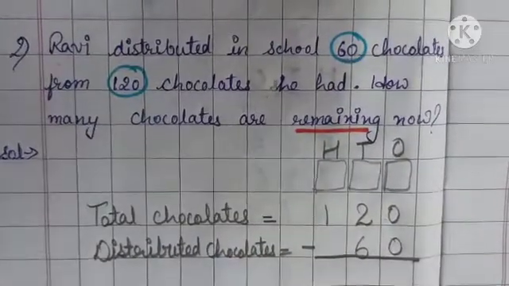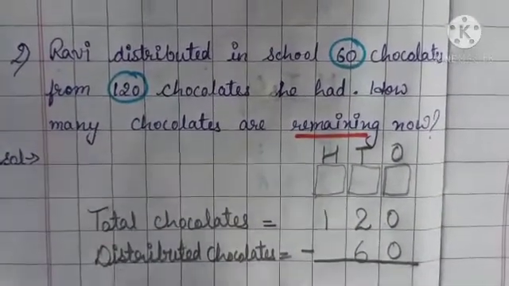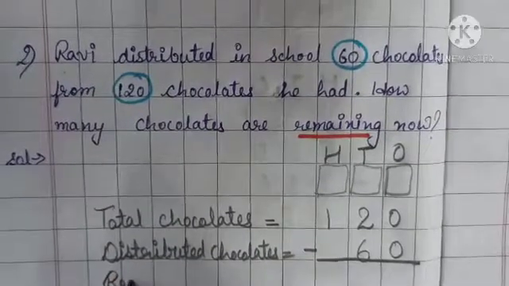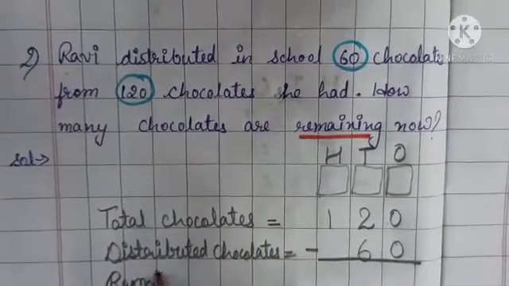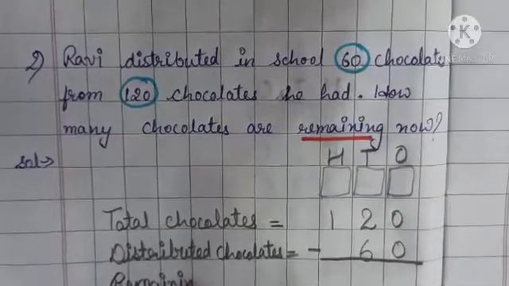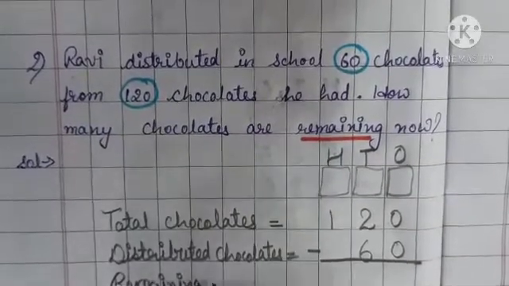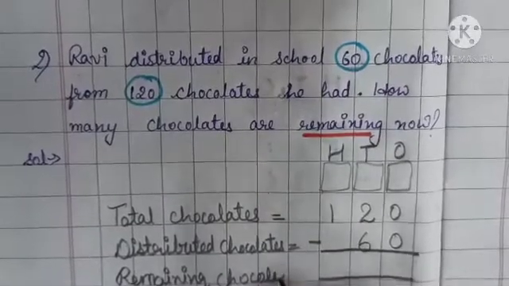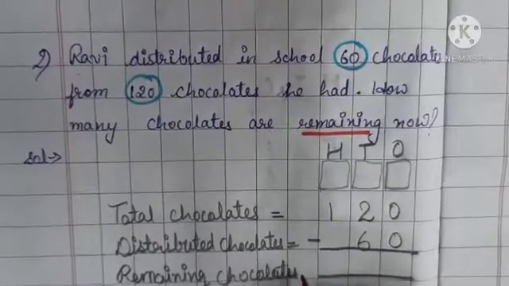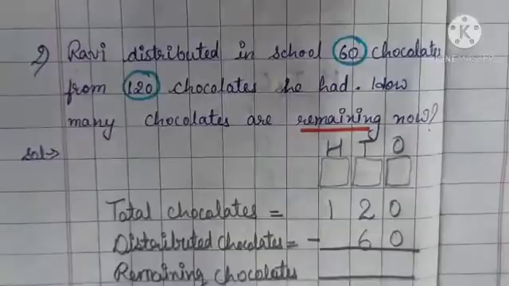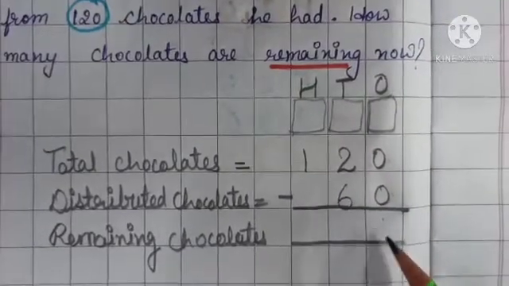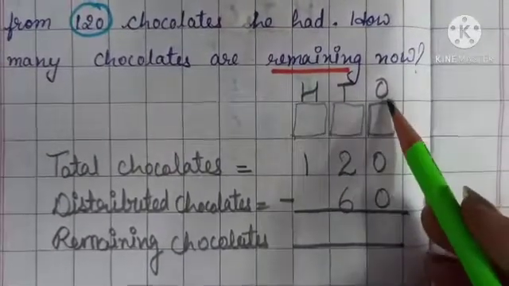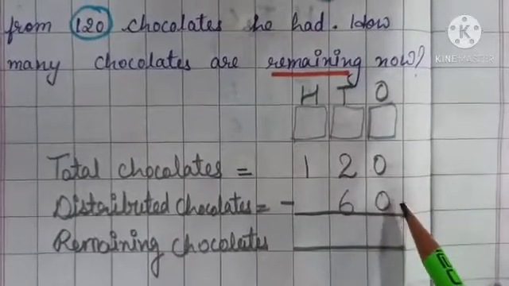So how many chocolates are remaining? For this, we need to subtract 60 from 120. Let's solve this. At ones place we have 0 and 0.